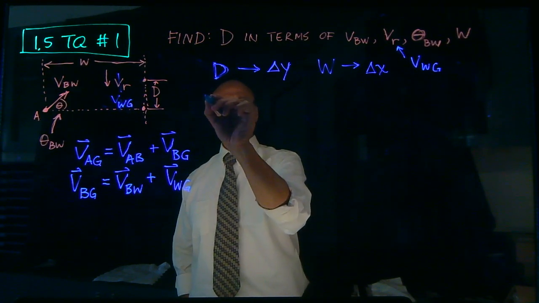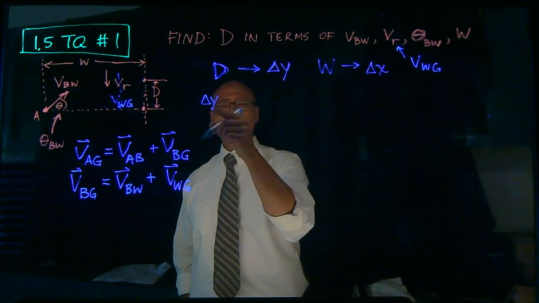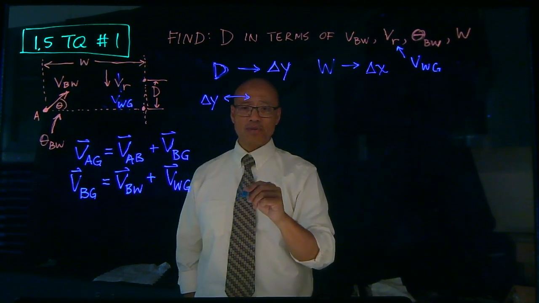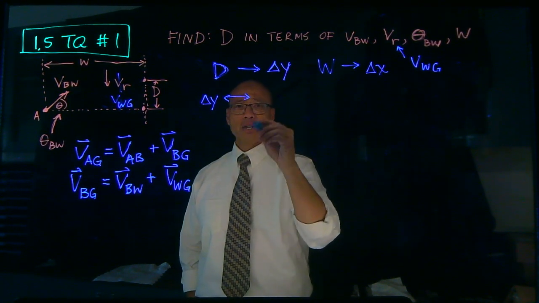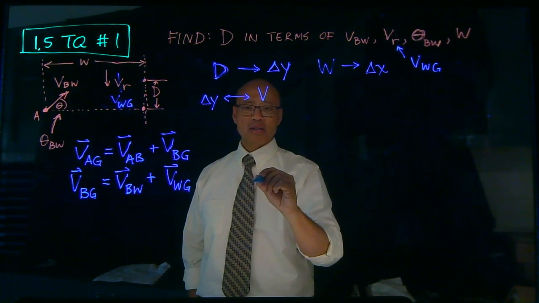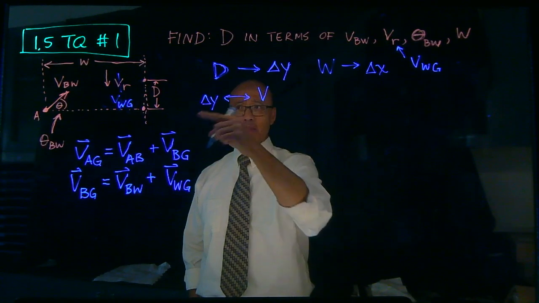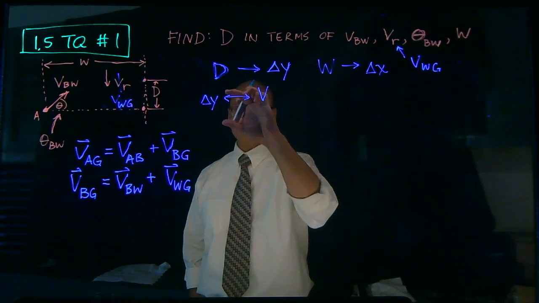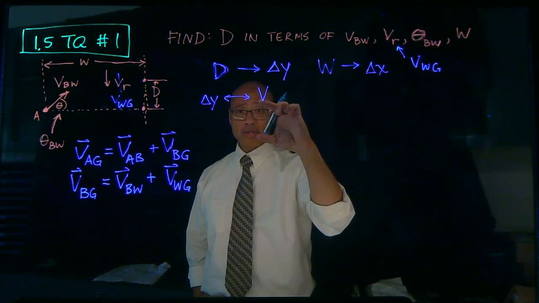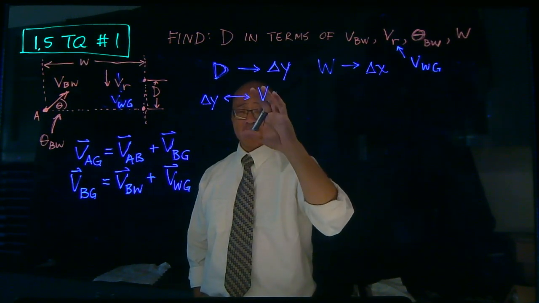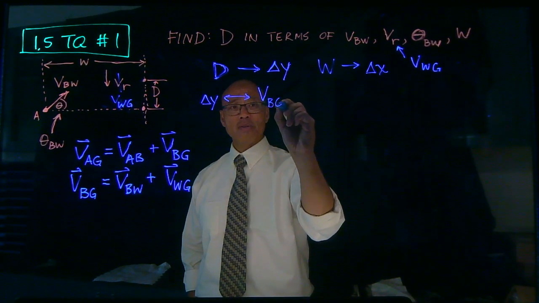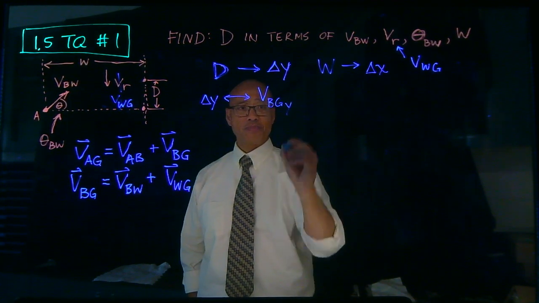Doesn't a change in y, since it's on the ground, how far I go up, depend on or correspond to the velocity along that dimension? But that space is on the ground. The space isn't moving. It's fixed. So it's really the velocity of the boat relative to the ground in the y direction.